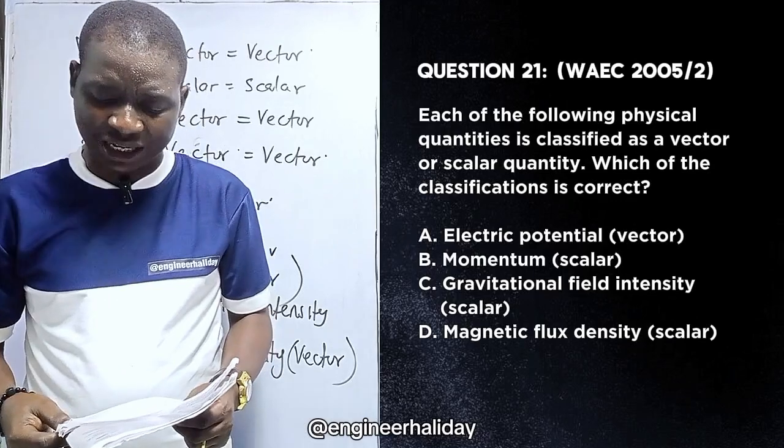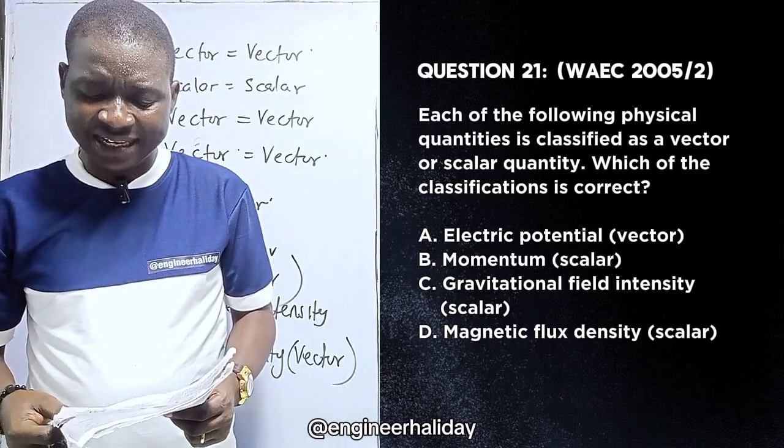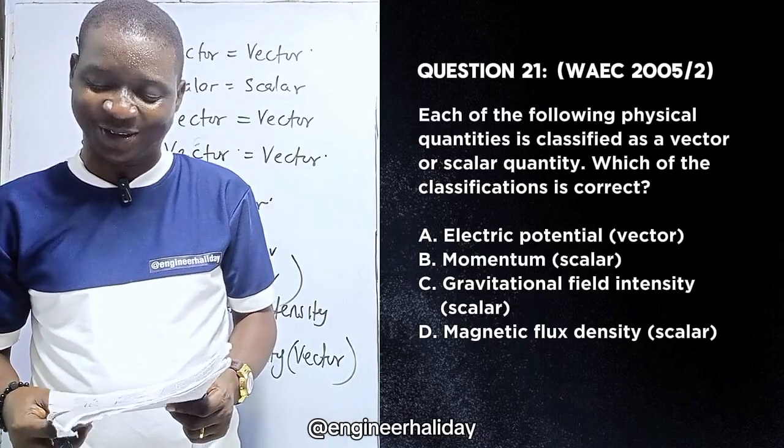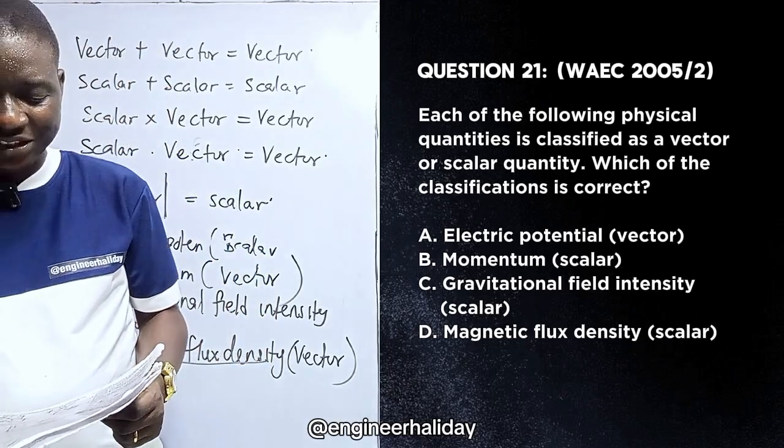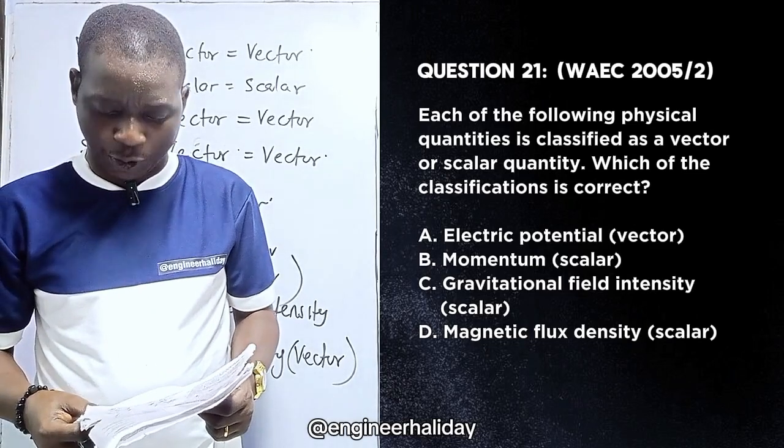A says electric potential vector, no. B says momentum scalar, very wrong. C says gravitational field intensity scalar, wrong.